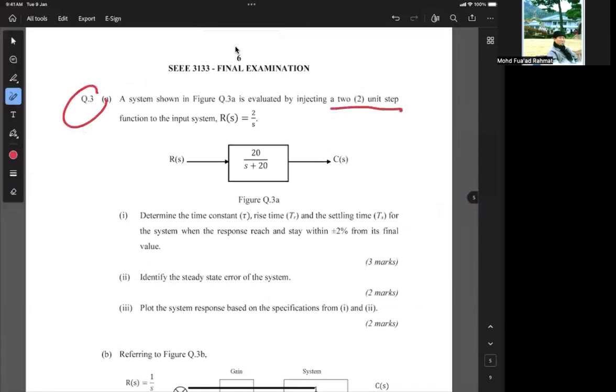So the input signal is 2 times the unit step function, meaning 2 volts. When you take the Laplace transform, R(s) equals 2 over s. And this is the model. So it's a first order system.